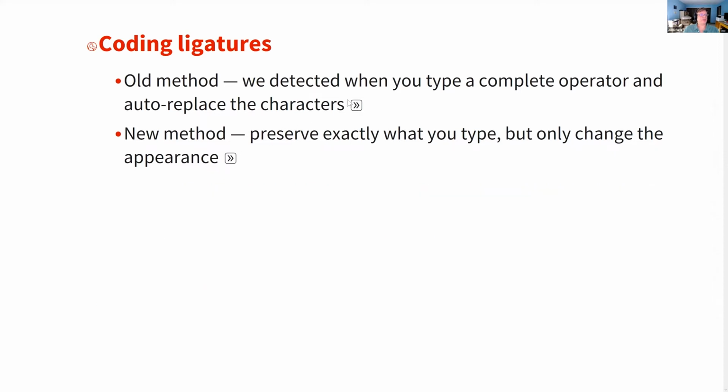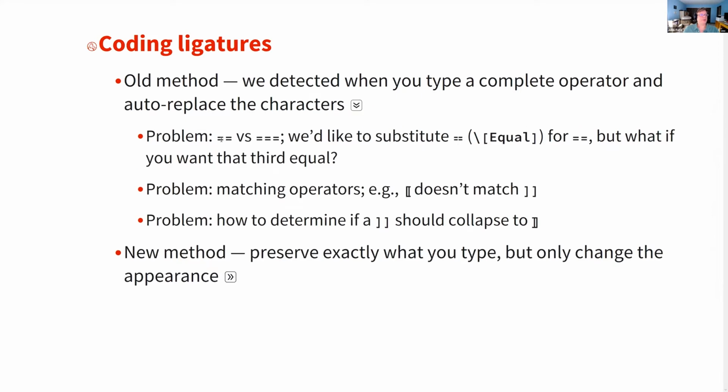So what kind of limits are we talking about? Well, it's a bit problematic with some operators, because they're shorter versions of other operators. The double equal is a shorter version of the triple equal, and the tricky bit is to figure out when we know for sure that you've committed to double equal and aren't going to type that third equal.